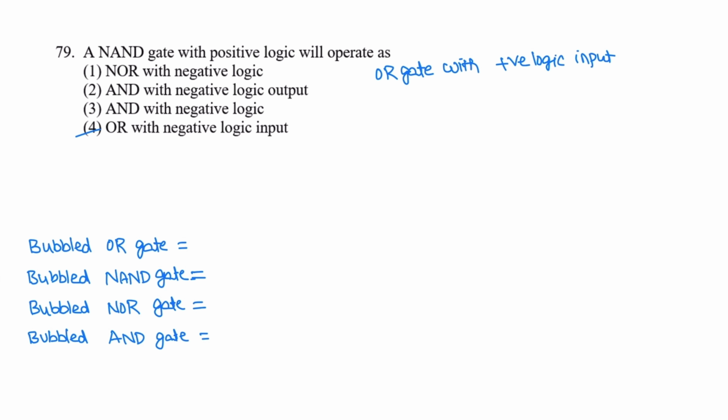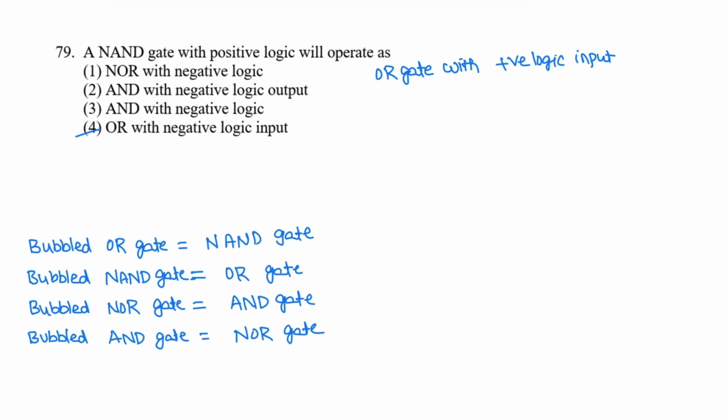That is, a bubbled OR gate is equivalent to a NAND gate. Bubbled NAND gate is equivalent to an OR gate. Bubbled NOR gate is the same as an AND gate. Bubbled AND gate is equivalent to a NOR gate.